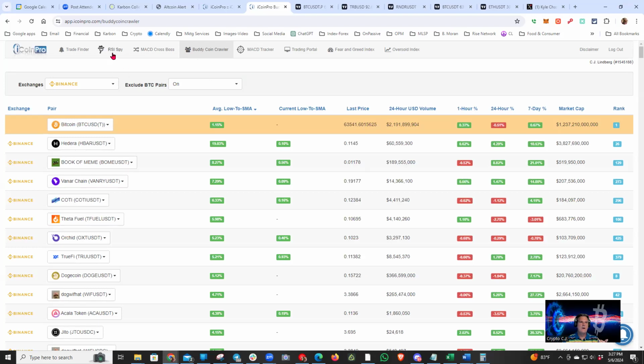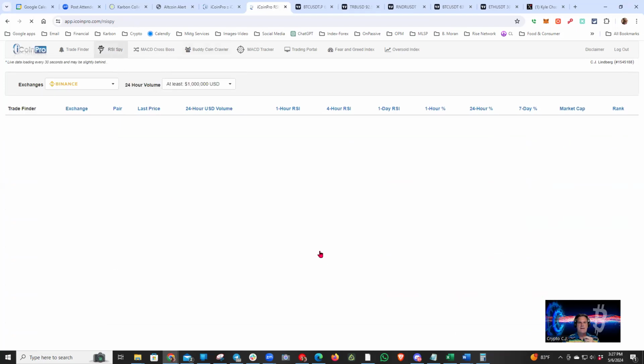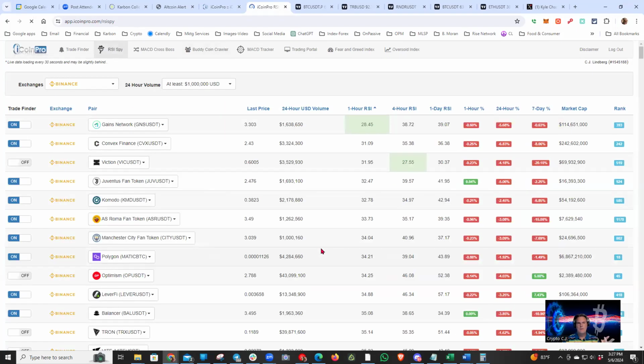I like the Buddy Coin Crawler and their RSI Spy. However, this is malfunctioning at the moment. It hasn't updated a lot of this information. I'm going to contact them and let them know. The RSI Spy is accurate as far as I know. This is the one I use the most anyway. I'm usually looking for values. I'm sorting by the 1-hour RSI, and that's similar to the RTI that we were looking at earlier.